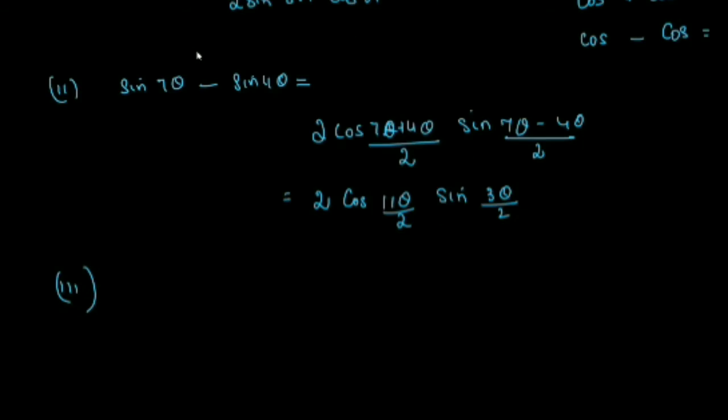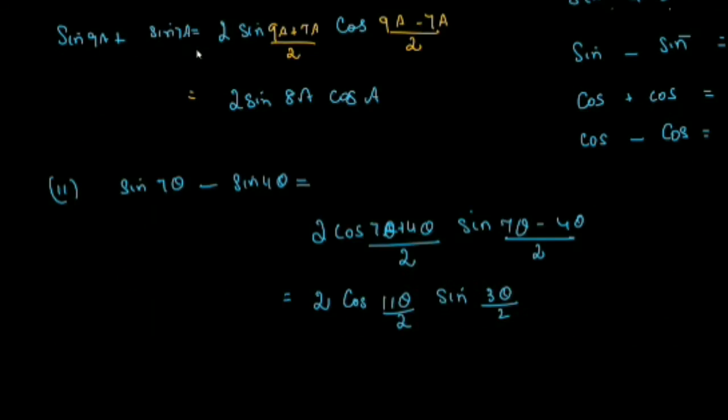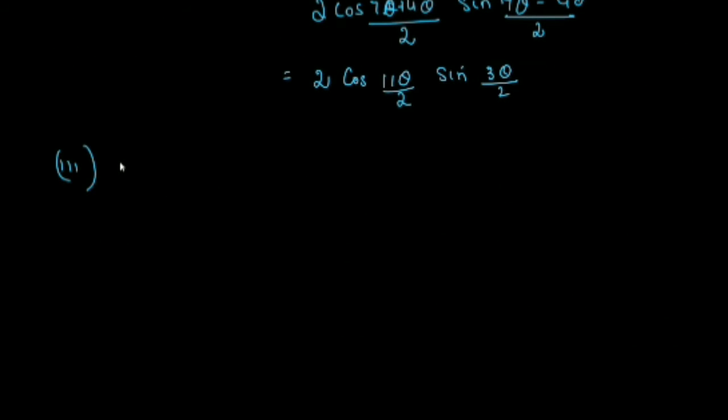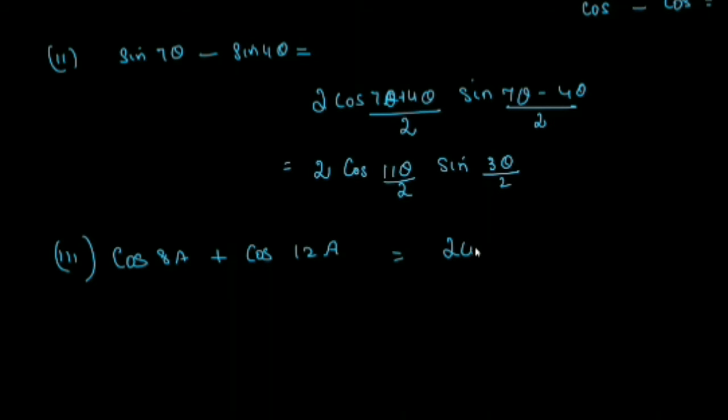That's the next one. Third is cos 8a plus cos 12a. So that is equal to, what should you write? What is cos plus cos? 2 cos cos. Just write 2 cos cos.